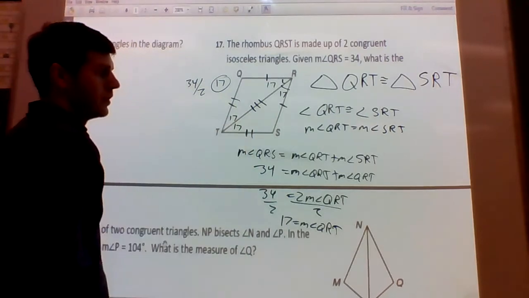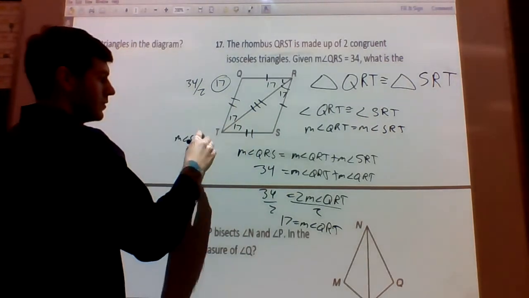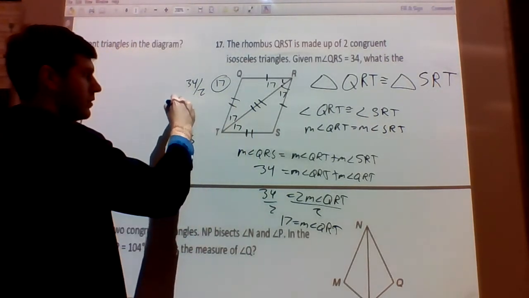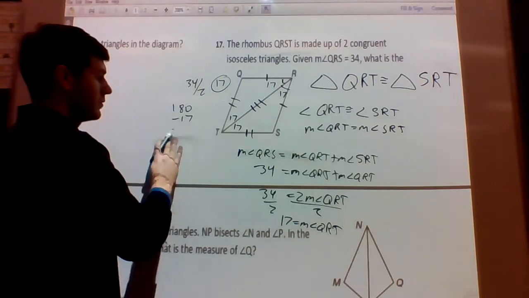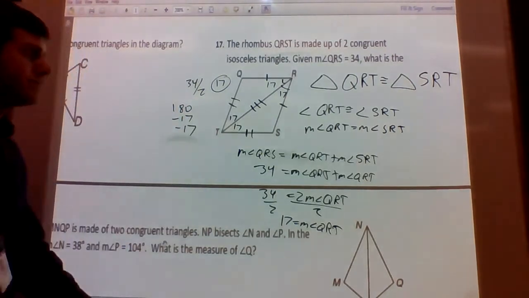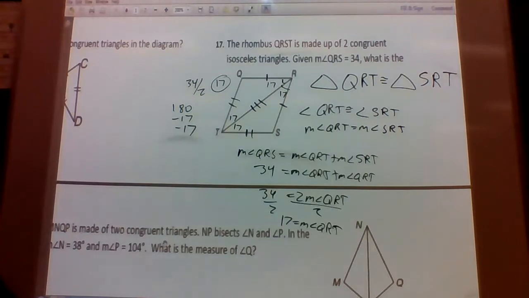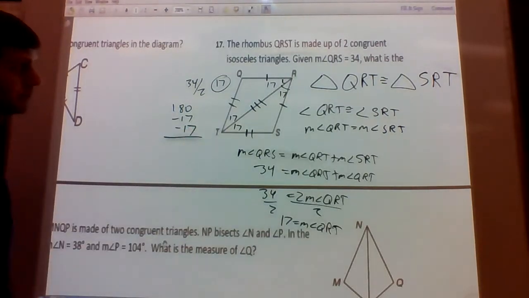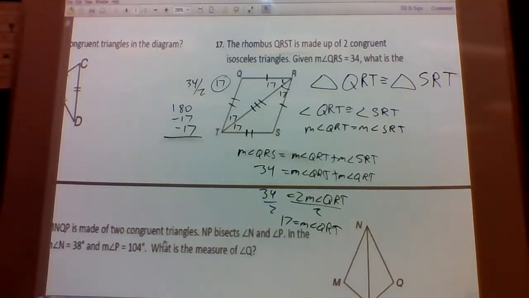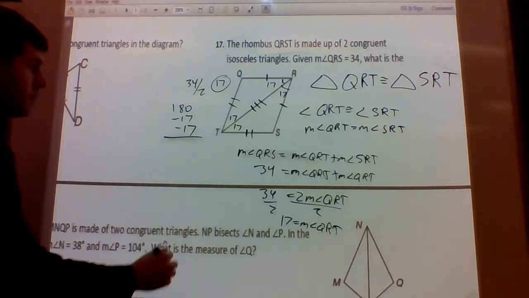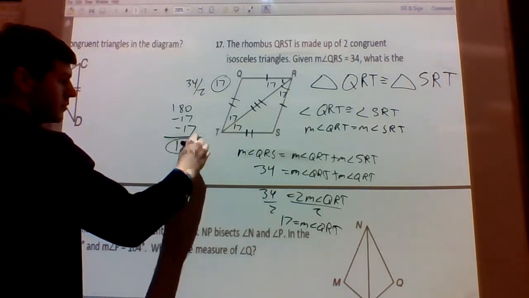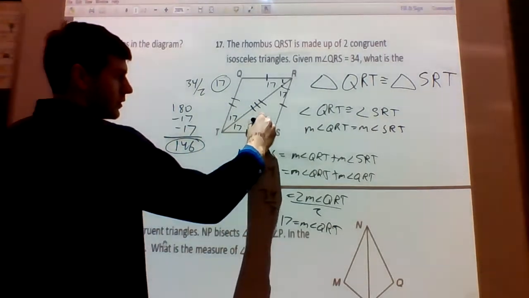And then we can find the measure of angle S by doing 180 minus 17 minus 17, which is minus 34, which gives us 146. So this is 146.